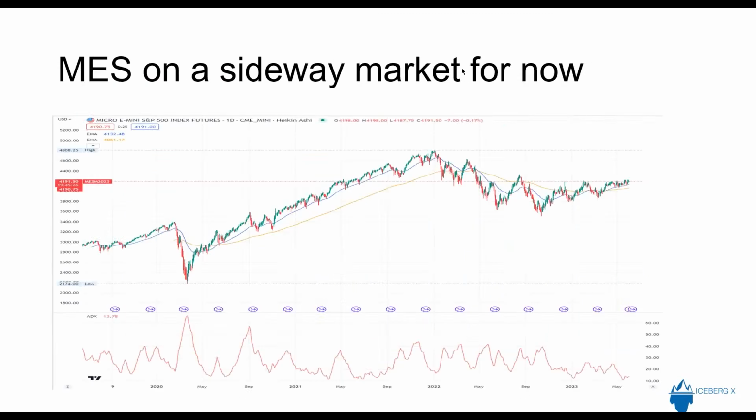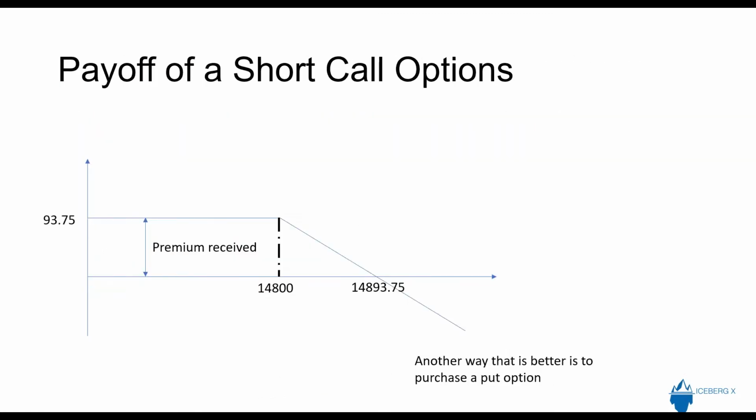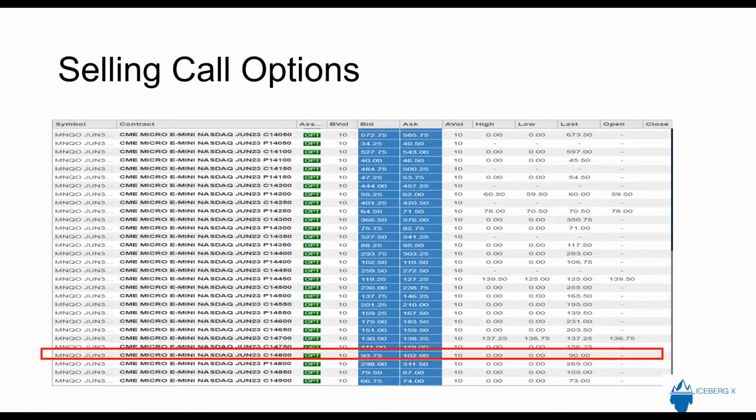Selling options means that, with a naked position, you are selling a particular option into the market, whether it's a call or a put. I hope that answers the question.